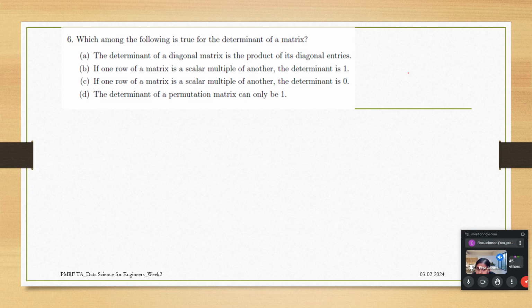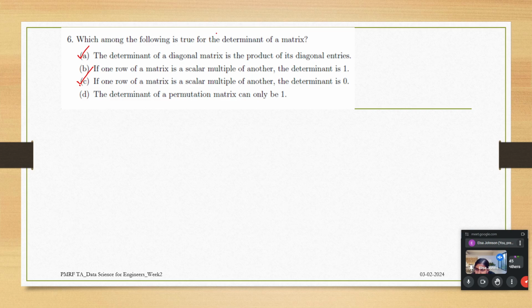Is it that the determinant of a diagonal matrix is the product of its diagonal entries, or that if one row of a matrix is a scalar multiple of another, the determinant is zero? A is right. Okay, fine. A and C, those are the two answers.